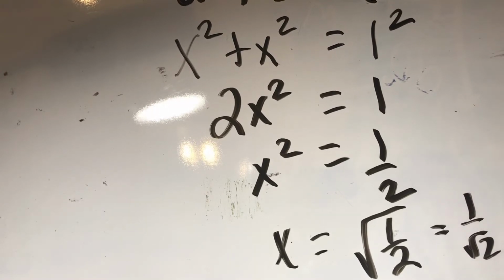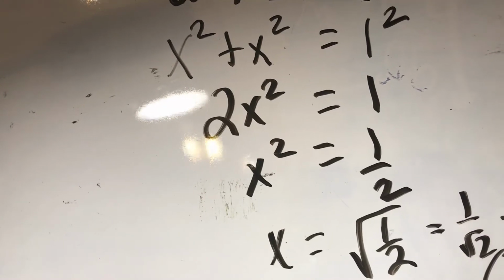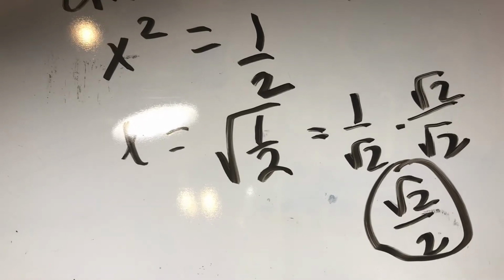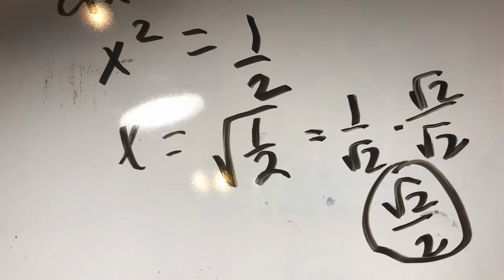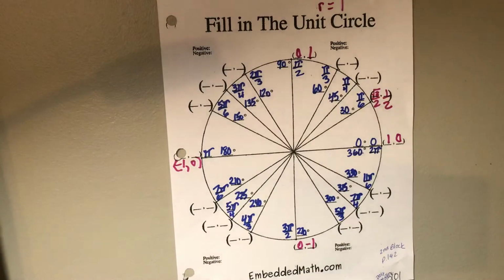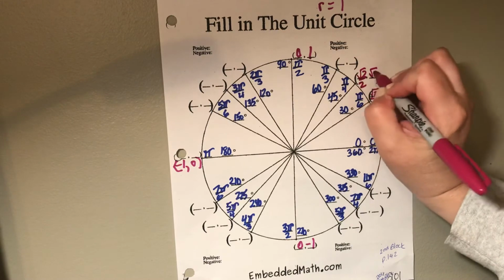If you rationalize the denominator, that's something you would have done in Algebra 1 probably. That becomes the square root of 2 over 2. So on your unit circle, when you are at 45 degrees, that point must be square root of 2 over 2 and the square root of 2 over 2.